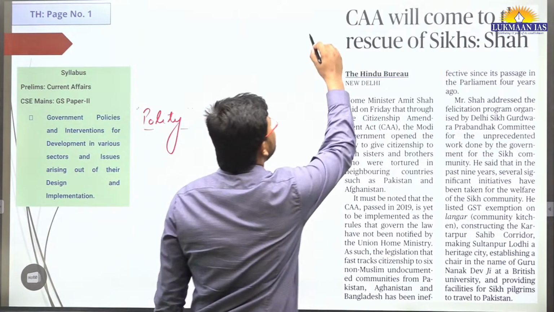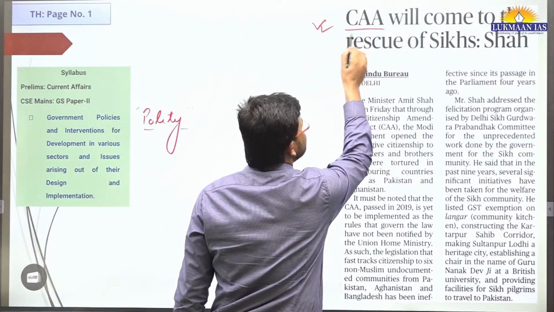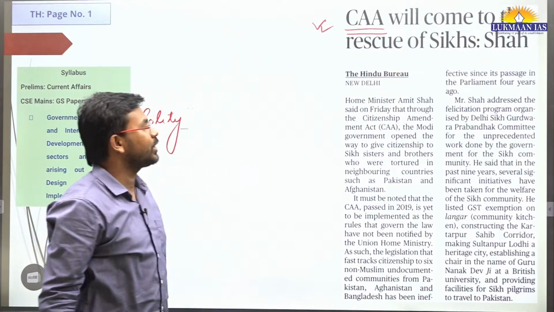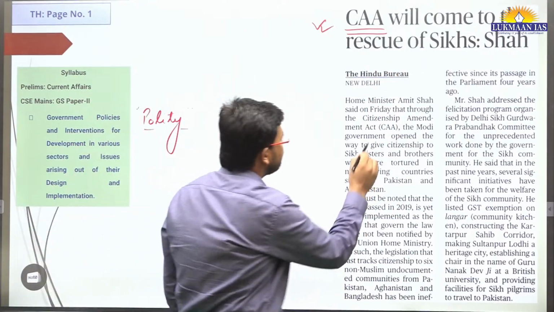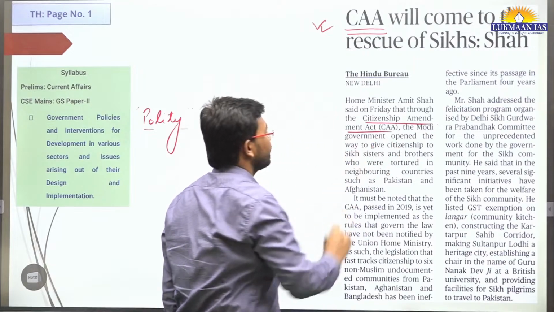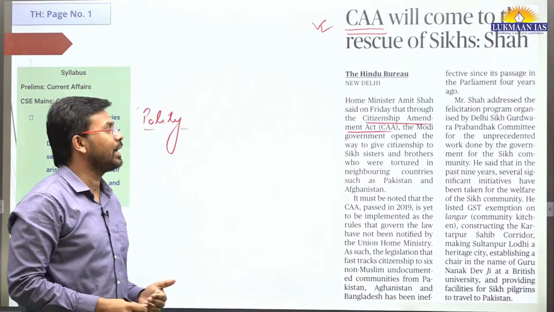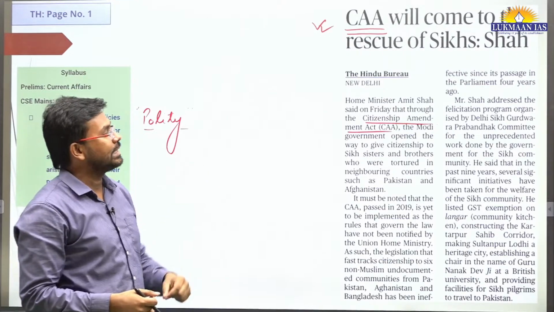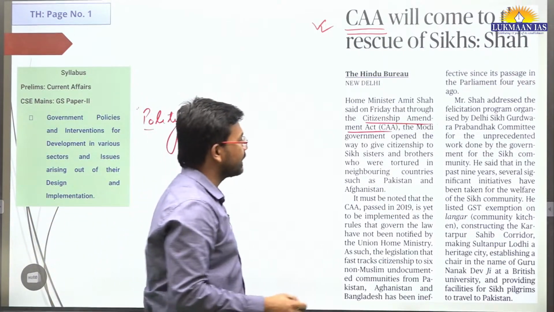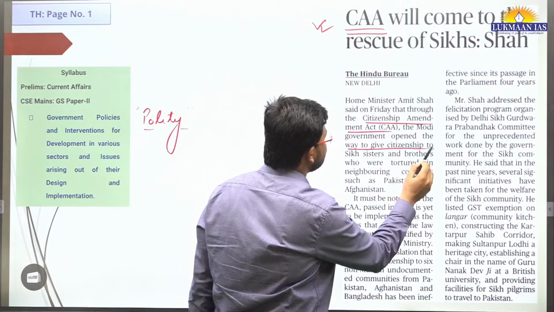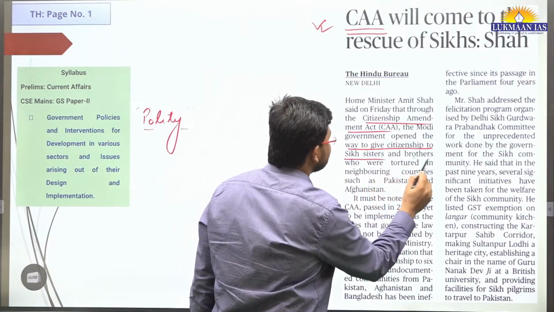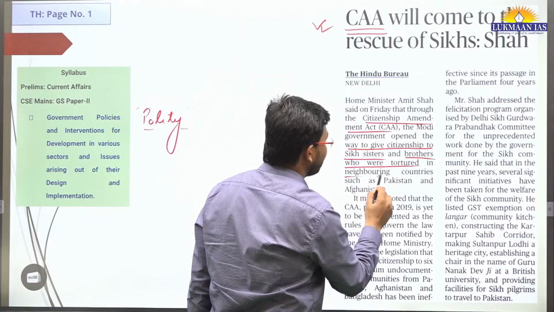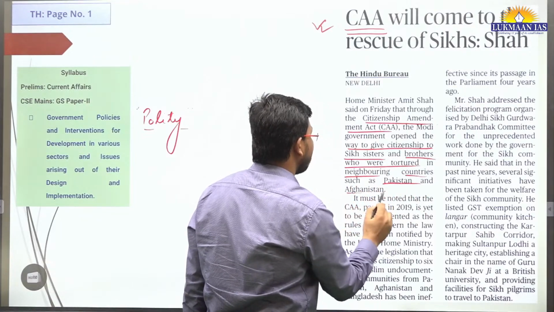What is the meaning of CAA? CAA means the Citizenship Amendment Act, right? So the Home Minister of India, Mr. Amit Shah, has recently remarked that through the Citizenship Amendment Act, the government has opened the way to give citizenship to Sikh sisters and brothers who were persecuted in neighboring countries such as Pakistan and Afghanistan.